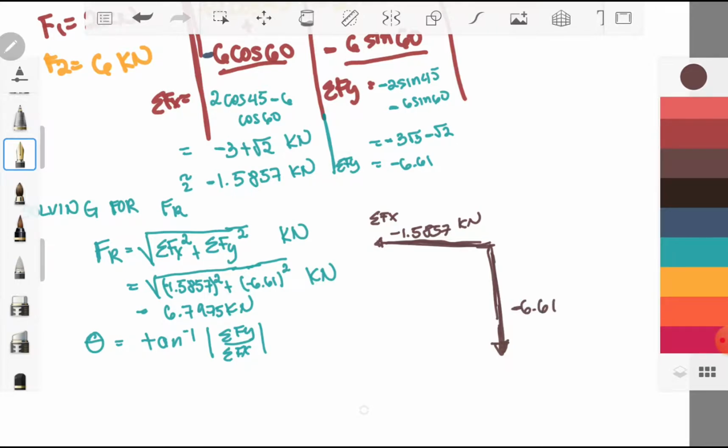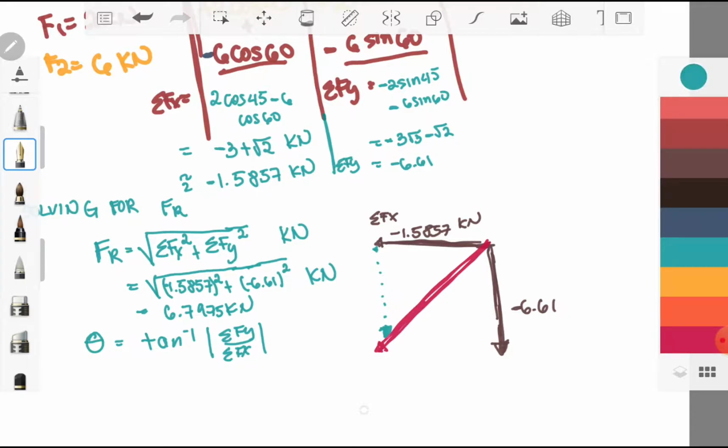Projecting these two forces using the parallelogram method, this is your 6.61, on the tip, or tail to the tip of the arrow. Then you will project this one as your FR.